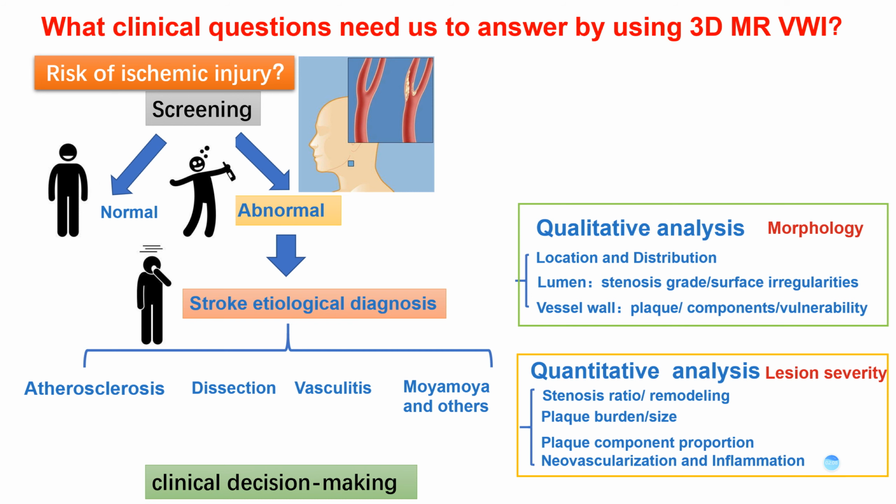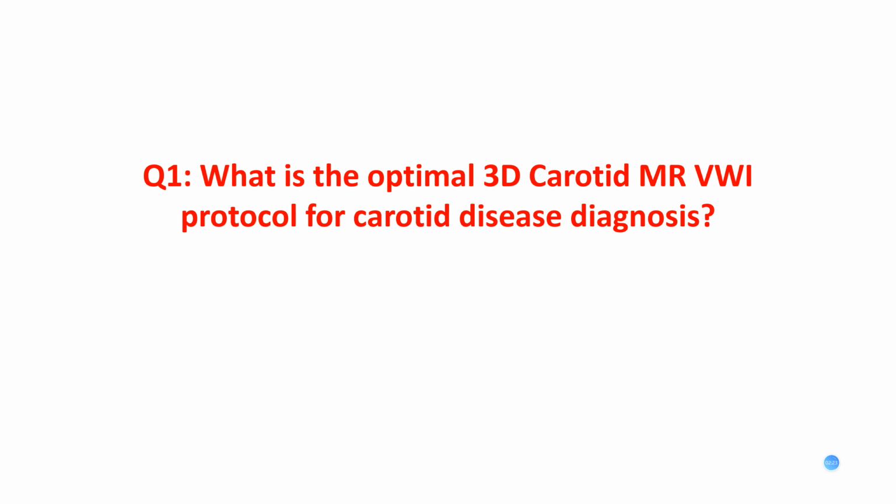A clinical decision can be made combining all these carotid image data and other stroke-related clinical profiles. So here comes the first question. What is the optimal 3D carotid MR vessel wall protocol for carotid disease diagnosis?